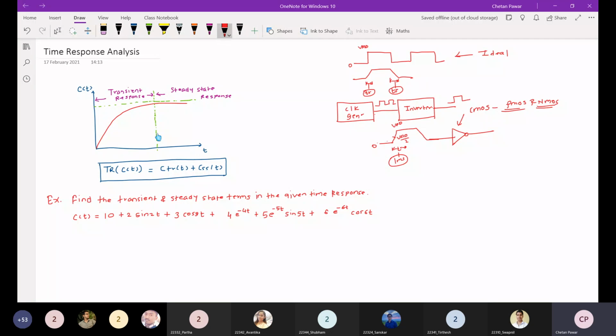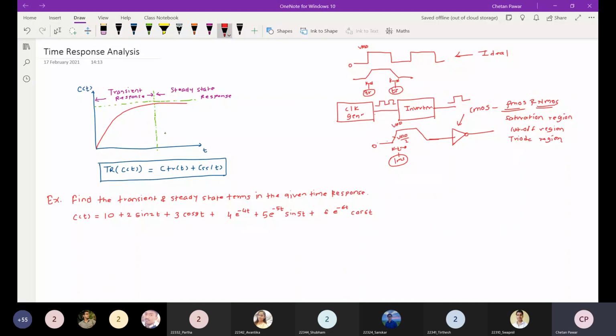Do you know the different operating regions of the MOSFET? Can anyone state them? There is the saturation region, then the cutoff region, and then the triode or linear region.